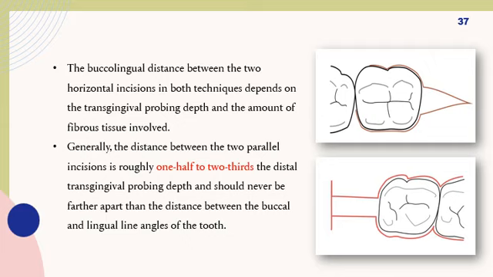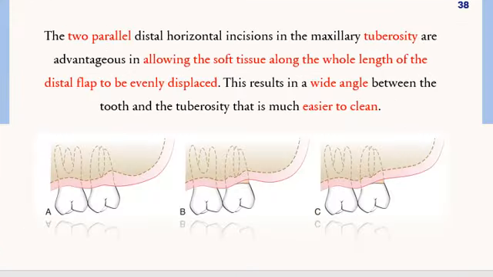So if the distal transgingival probing depth is 6 mm, the distance between my buccal and lingual incisions must be 3 to 4 mm, and they should never be further apart than the distance between the buccal and lingual line angles of the tooth.